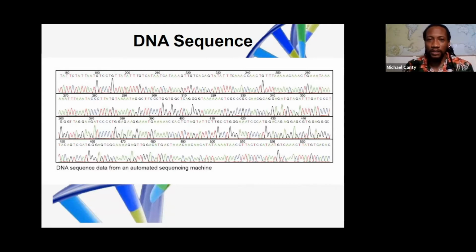So this is what a DNA sequence looks like on a computer. This kind of technology is fairly new. I would say the DNA helix was discovered in the early 50s. And I think with the advent of computers and the progress of computers getting faster and stronger, it can analyze data quicker.